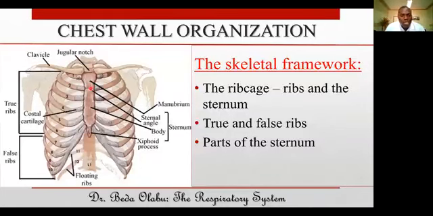So this is how we usually count them. You identify the sternal angle, then the rib corresponding with the second rib, then you start counting. So you call that the second space, third space, fourth space, downwards like that. It becomes an important landmark, the sternal angle.